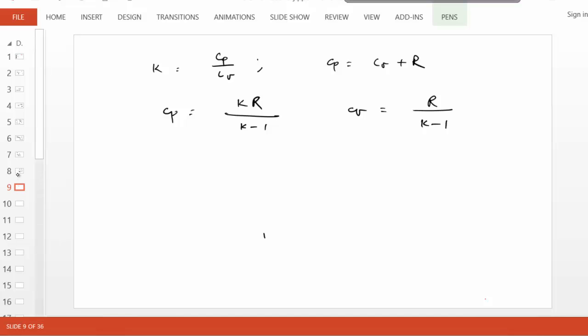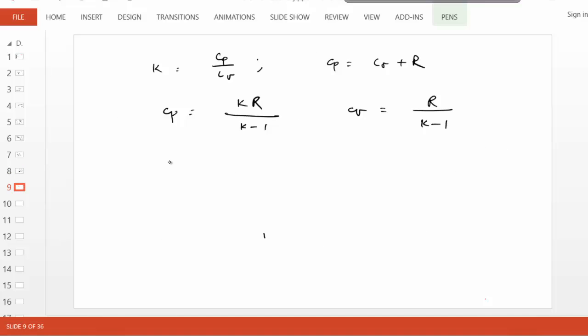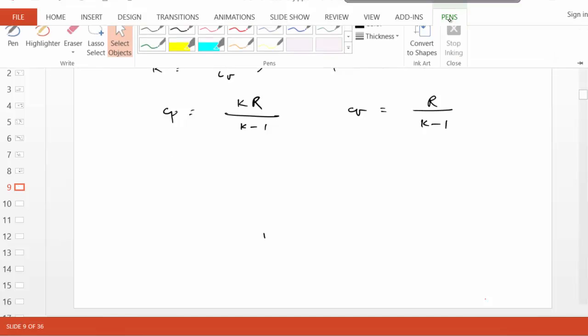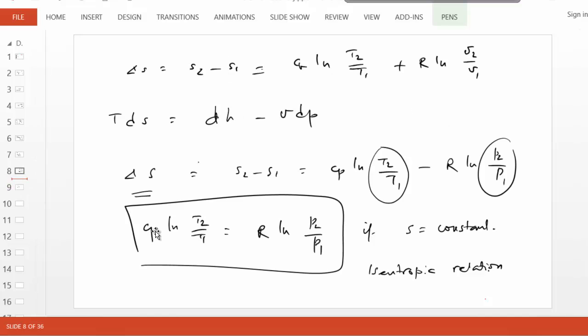So then, here we need Cp over R. You can see that Cp over R can be replaced by K divided by K minus 1. So therefore, this relationship becomes even simpler.